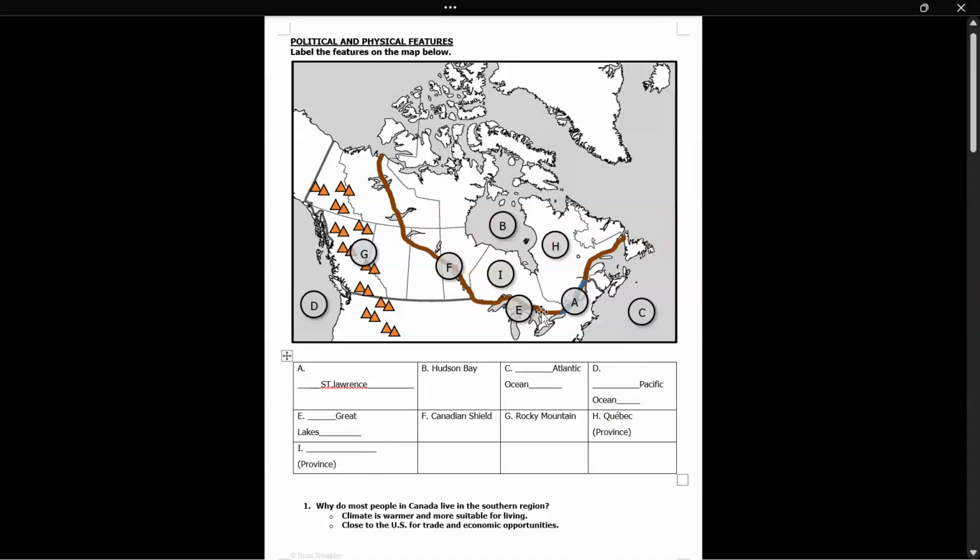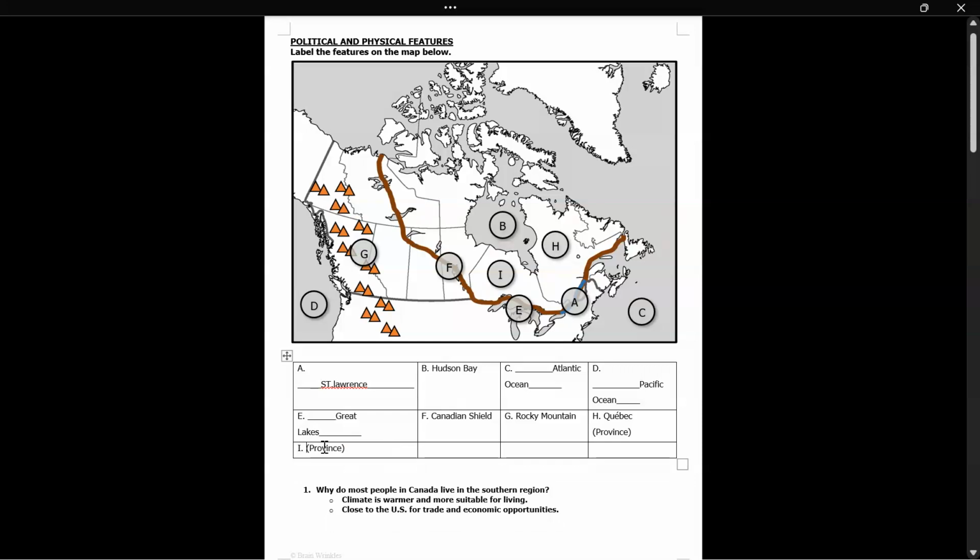I, we're talking about where the capital of Canada is, which is not Toronto, it is Ottawa, and the province name is Ontario. All right. Hope you guys memorize this political physical feature. If you need time, pause and look at the map again. Again, that's St. Lawrence River, Hudson Bay, Atlantic Ocean, Pacific Ocean, Rocky Mountains, Canadian Shield, Ontario, Quebec, and Great Lakes.